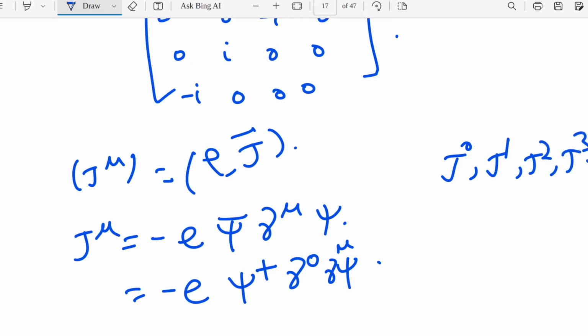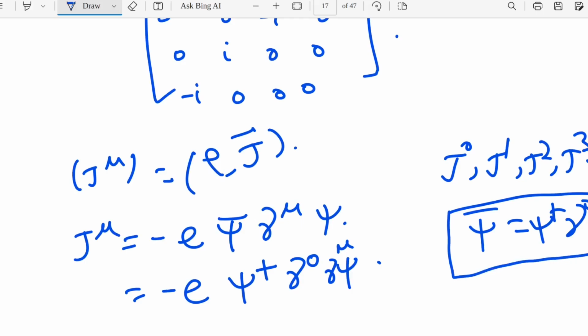First of all, what is the J^μ expression? J^μ is the electron current density, so the expression will be minus e psi bar gamma^μ psi. And psi bar is psi dagger gamma 0. If I put that in, it will be minus e psi dagger gamma 0 gamma^μ psi.